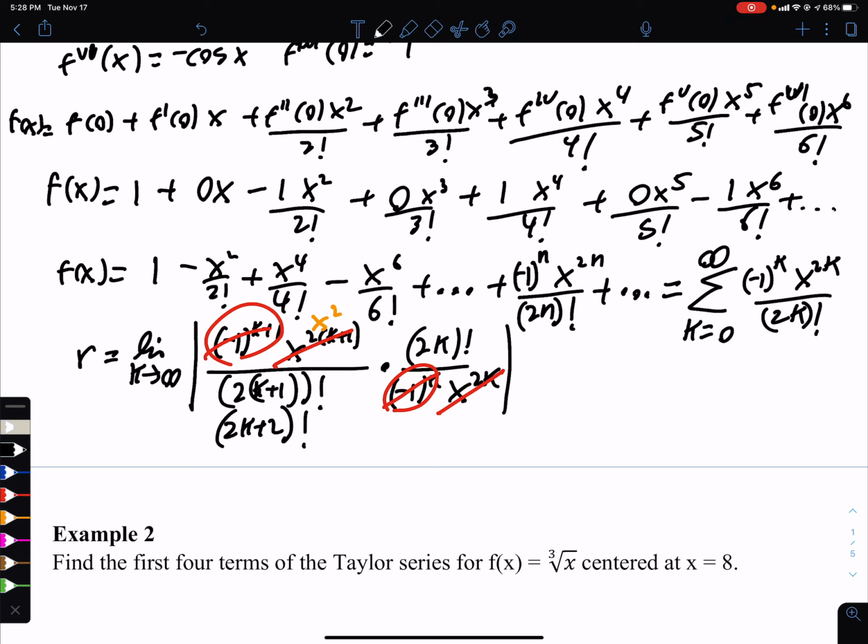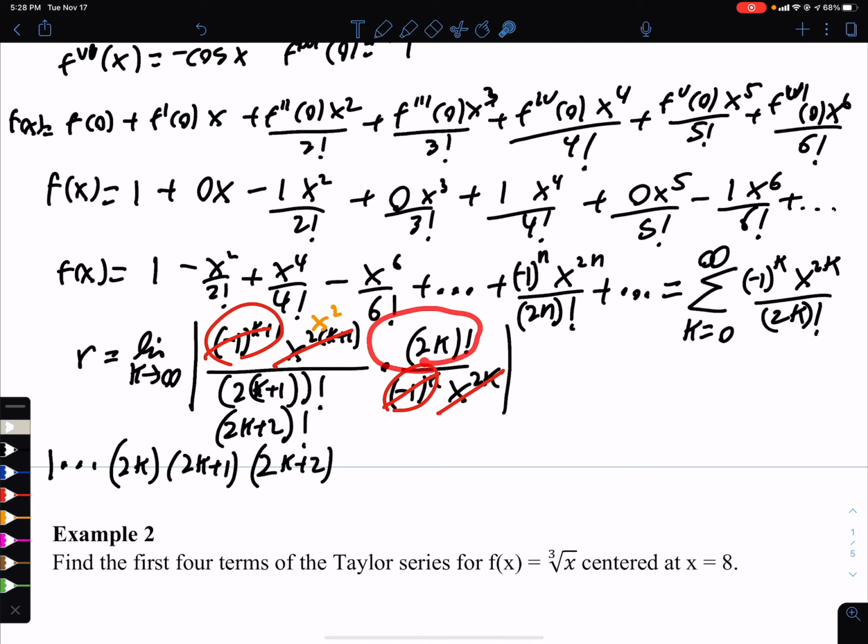So if you were to write this out, prior to the plus 2, you're going to get 2k plus 1. Prior to that, it's going to be 2k. And you start at 1 dot dot dot. This is 1 up to 2k. So all of that's going to cancel with that, leaving you with this. All of that's going to cancel all that.